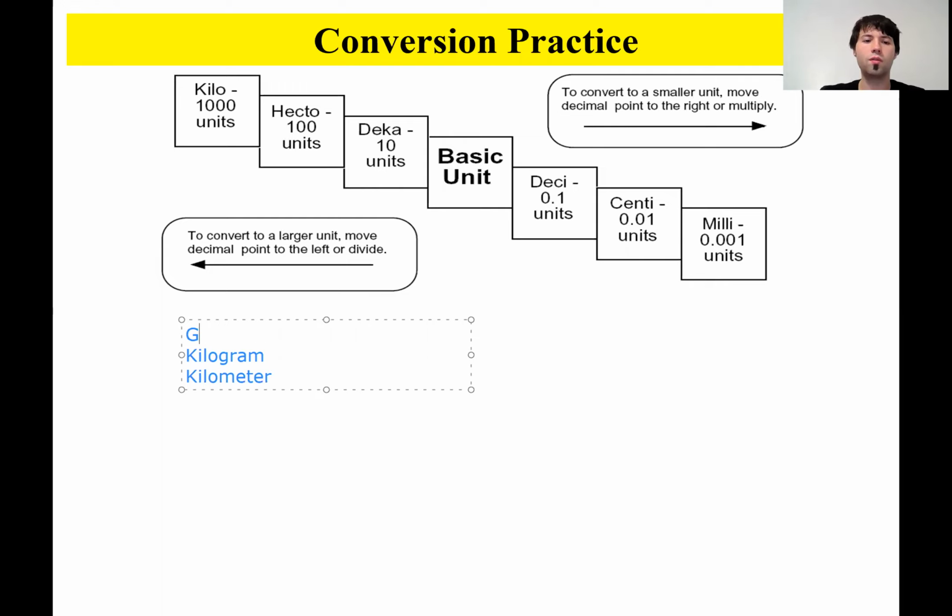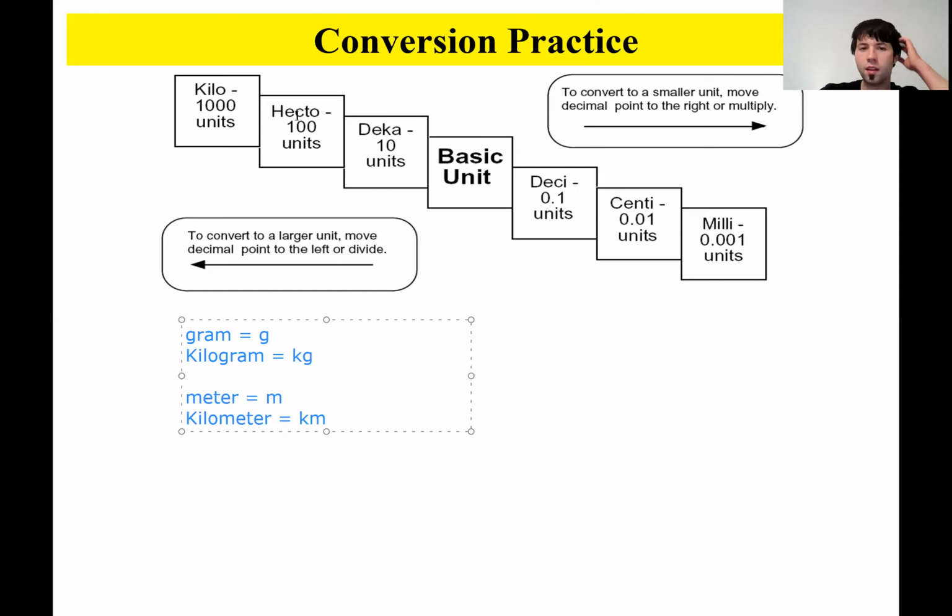An abbreviation for gram is just the lowercase g. So when we put that kilo in front of it, instead of writing kilogram every time, we just write lowercase k, lowercase g. Similar thing for a kilometer. If we have a meter, the abbreviation is just m. For kilometer, we just say km. And so every one of these things here at the top has their own abbreviation.